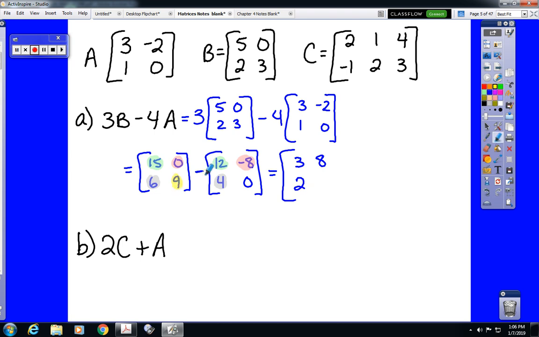And 9 minus 0 is 9. So 3b minus 4a is the matrix 3, 8, 2, 9.